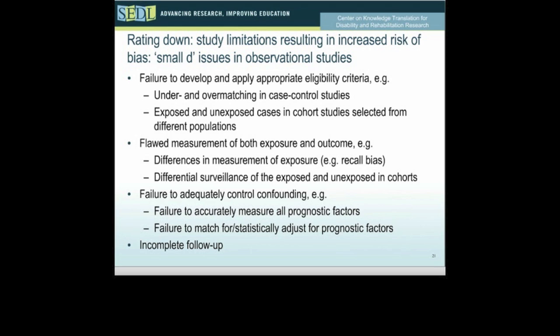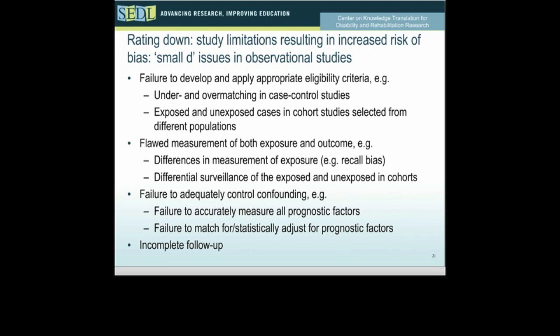In observational studies, you may have some of the same issues. Poor measures, no blinding, but there may be other things like in case control studies, match not enough or match too much between cases and controls.